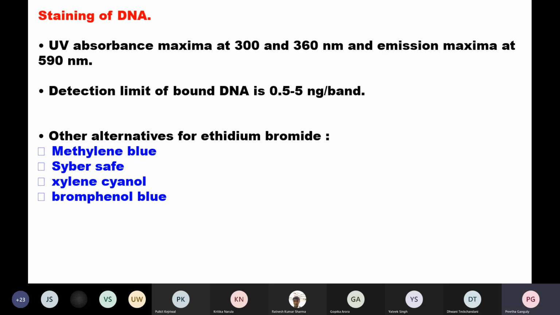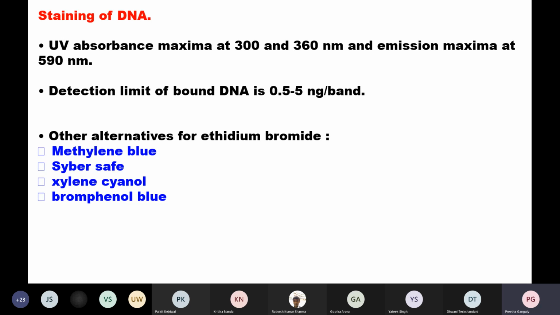Now, after the staining of dye, the UV absorption is measured, and the maxima can range at 300 and 360 nanometer, and emission maxima is at 590. And the detection of bound DNA, that is ethidium bromide with the DNA, ranges from 0.5 to 5 nanogram per band.